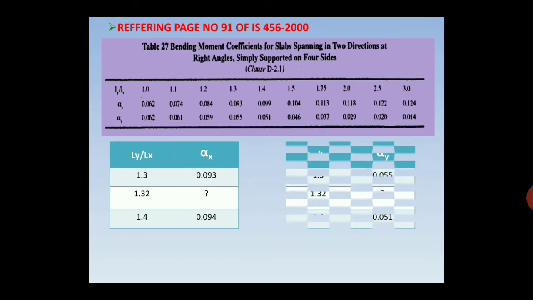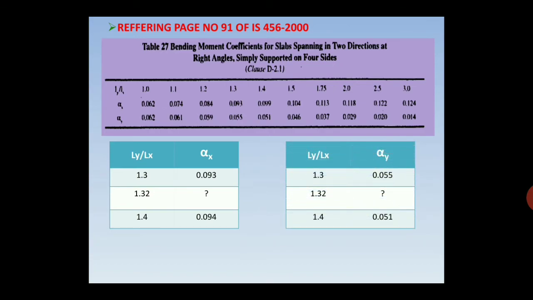So similarly we will find alpha y with respect to the ratios Ly by Lx, taking the values 0.055 and 0.051. Please change this 0.094 to 0.099, as it corresponds to 1.4. So now we need to find the values for 1.32, which is our Ly by Lx. Corresponding values of alpha x and alpha y we need to find.